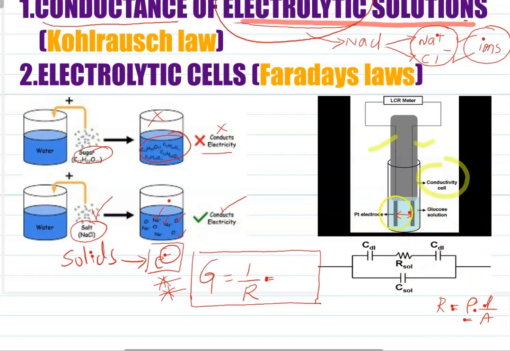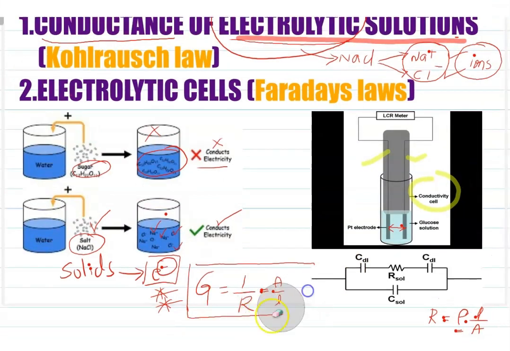So I can write conductance as 1 by rho into A by L, that is A by L into 1 by rho.